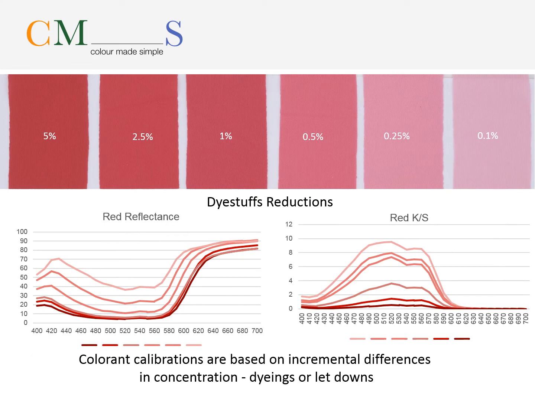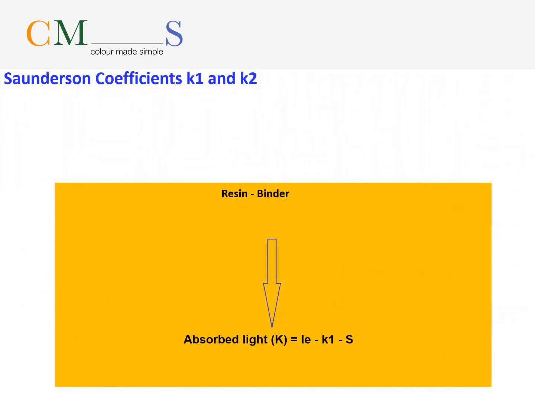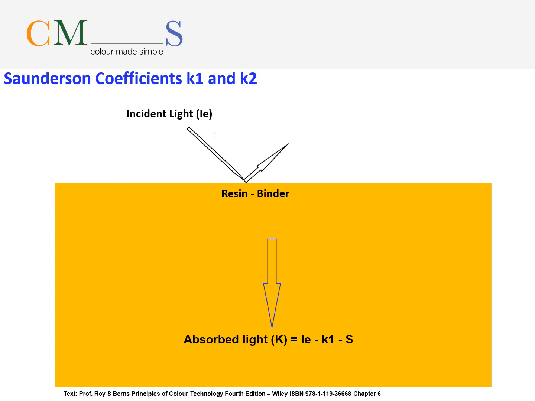A typical series of dye stuff reductions, in this case for a red dye. Because Kubelka-Munk theory assumes that there is not a refractive index change, measured reflectance is converted to internal reflectance using the Saunderson correction.